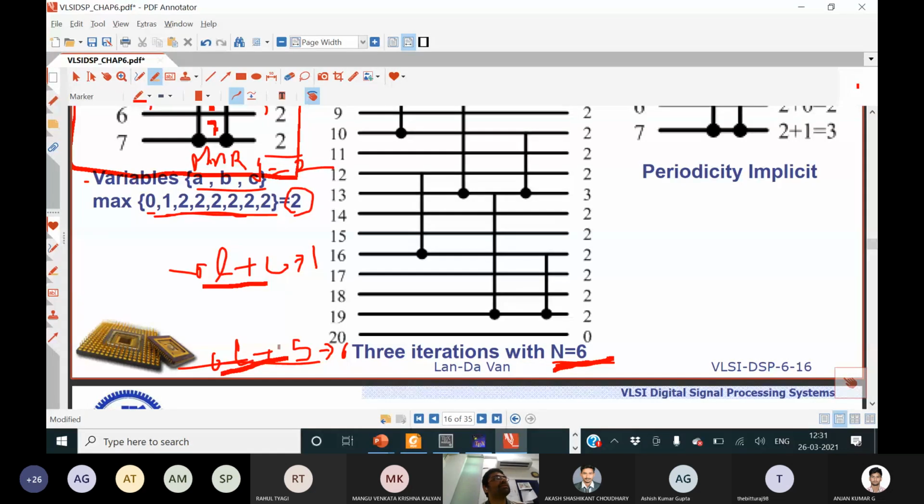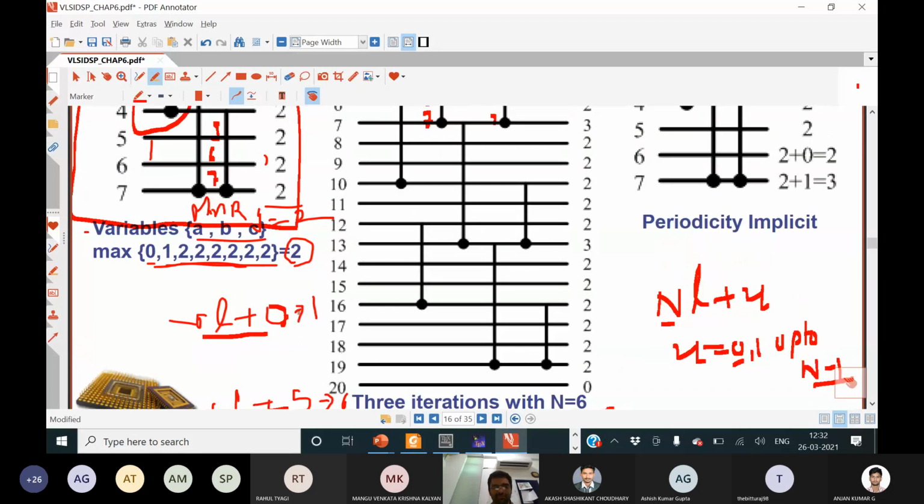As I define n is equal to 6, it is always nL plus u, where u goes from 0, 1 up to n minus 1, as I am starting with 0. So n is 6, that means 0, 1, 2, 3, 4, 5. So the u value is 6L plus 0, 6L plus 1, 6L plus 2, likewise 6L plus 5.